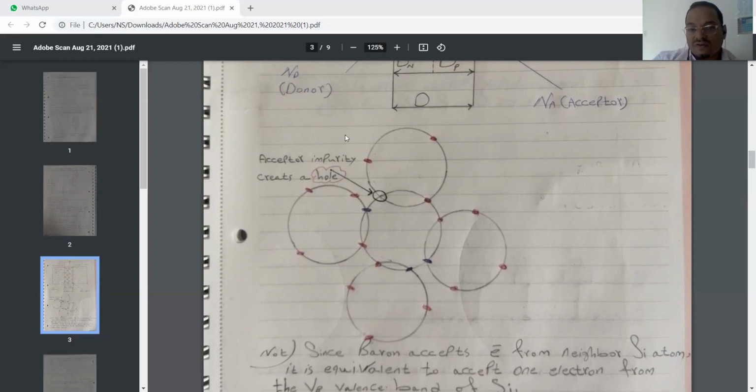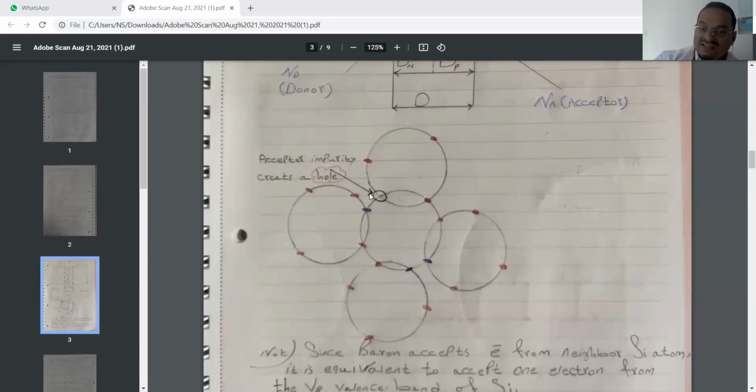Each of the other atoms has 4 electrons in the last shell, 1, 2, 3, 4, except the 4th one. Like we say, I use the black color to show the acceptor impurity, which creates a hole.